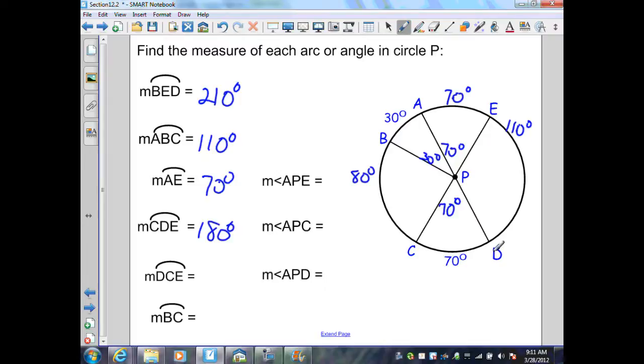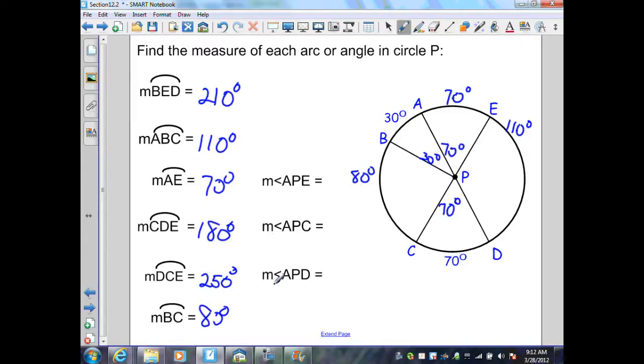Therefore, I can subtract 360 minus 110, its related arc. Therefore, the major arc DCE is equal to 360 minus 110, and that would equal 250 degrees. The measure of arc BC is 80 degrees.